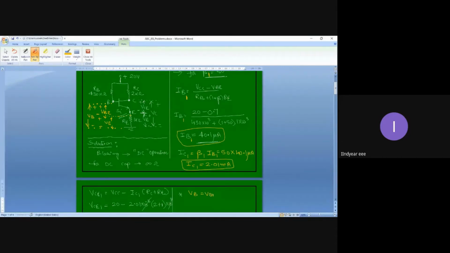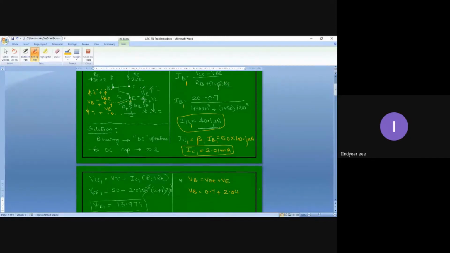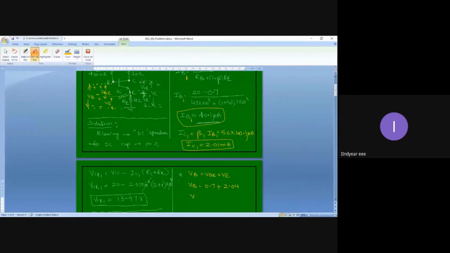So VB, base to ground voltage, is equal to base to emitter plus emitter to ground: VB is equal to VBE plus VE. VBE is 0.7 for a silicon transistor and VE is 2.04, so VB is equal to 2.74.